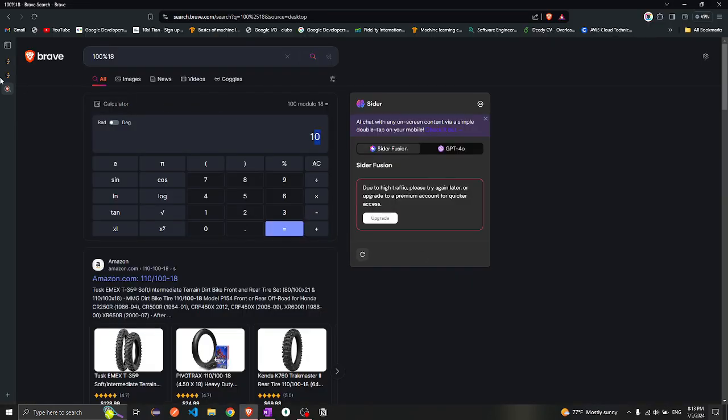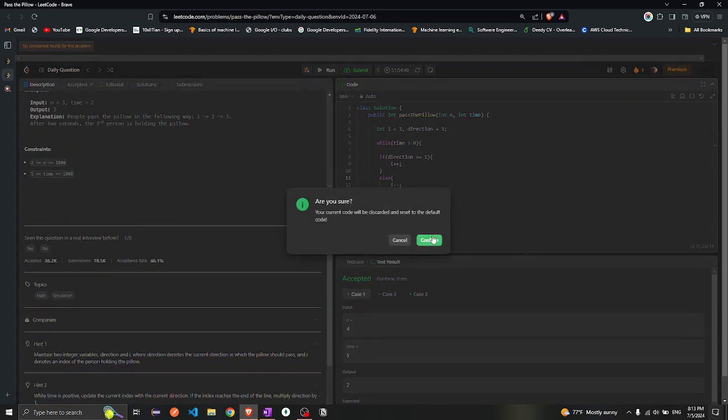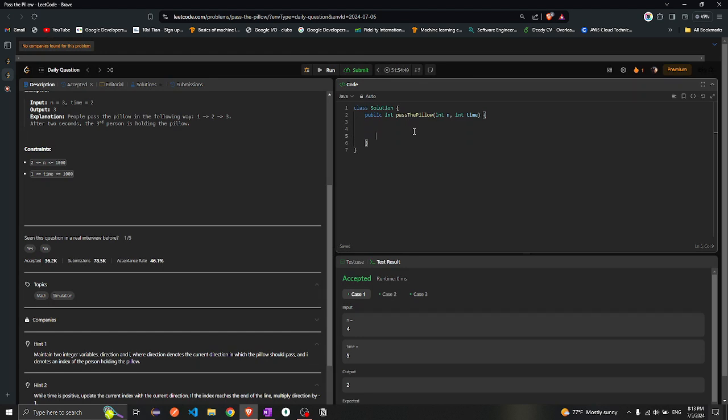So basically we can reduce the time complexity here by, as I already said, I'll reduce my time by time mod 2 into n minus 1.